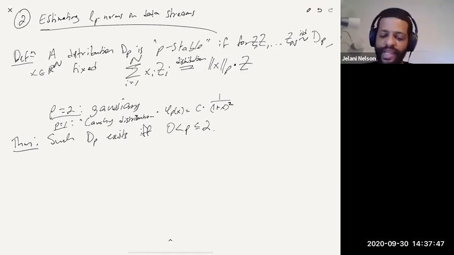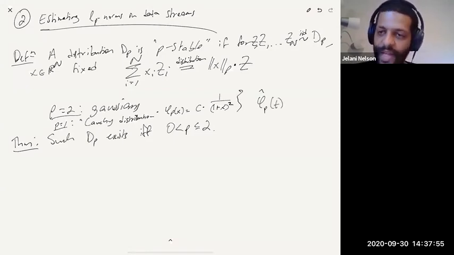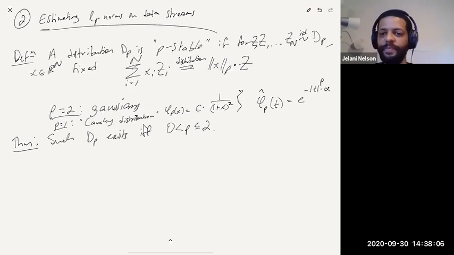So I'll just write that. You don't have to know what I'm talking about. But if you take the Fourier transform of the PDF and evaluate it at a point t, it looks something like e to the minus absolute value of t raised to the p. And you're allowed to have a scale factor here that could be arbitrary.